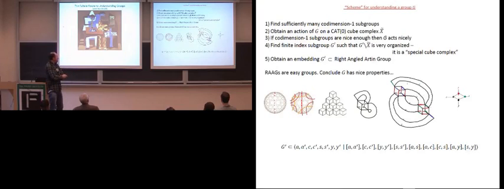Well, once you've obtained this cube complex, X tilde, the next thing to do is to find a finite index subgroup of your group. That's going to be G prime, such that the quotient is very organized, and it's what we call a special cube complex.